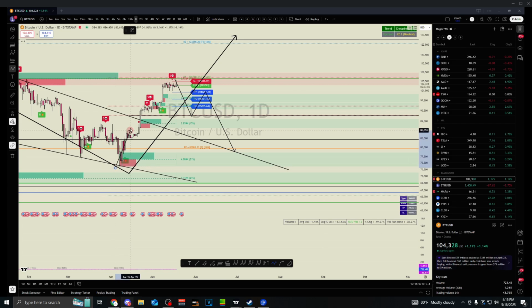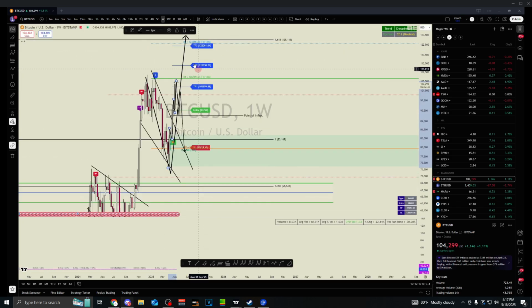We could clearly see one, two wave, three, four, and five. See here? So we could clearly count a five wave to the upside. So now, as a rule of Elliott wave, we're gonna get the three wave to the downside. So the question is how big the pullback is gonna be, right? So we need to watch that out as well.